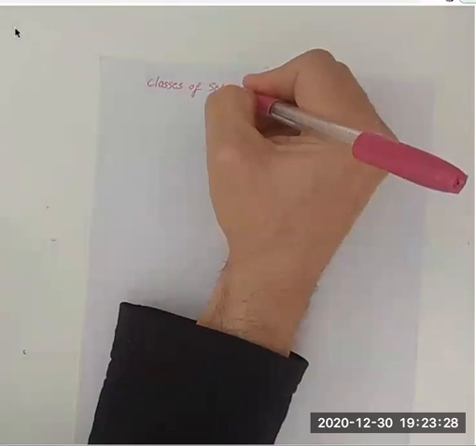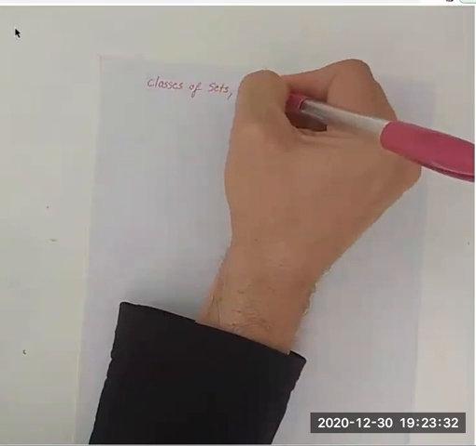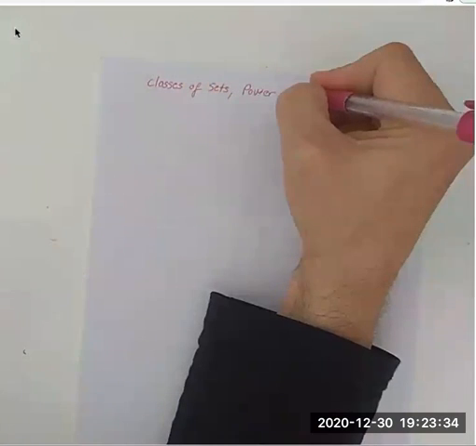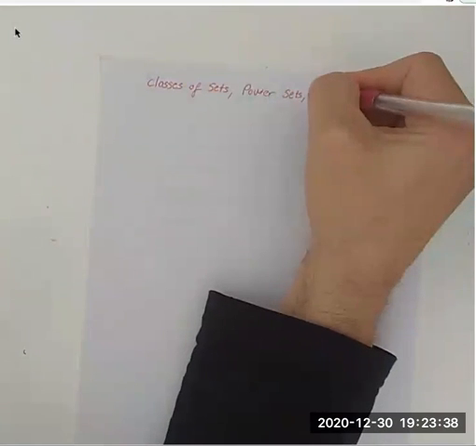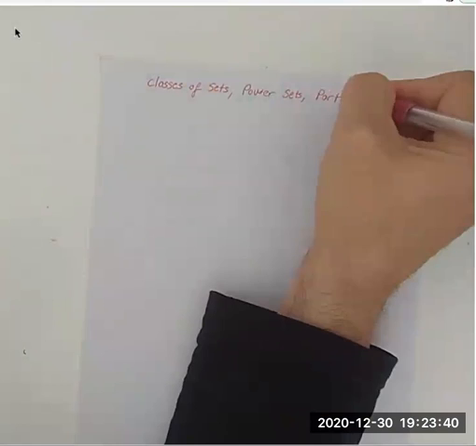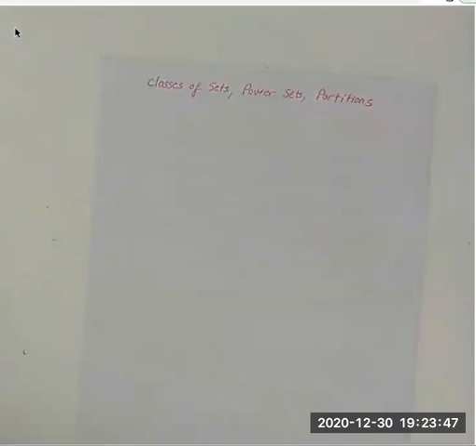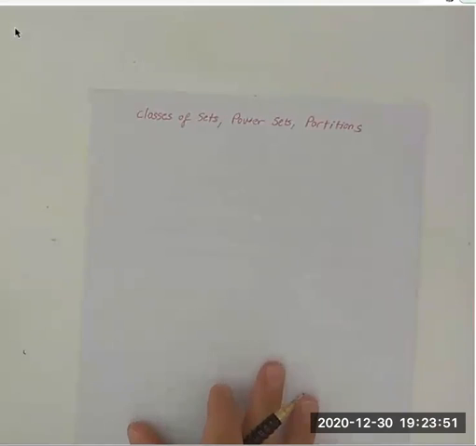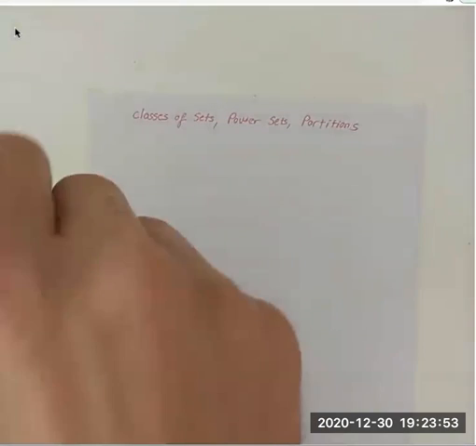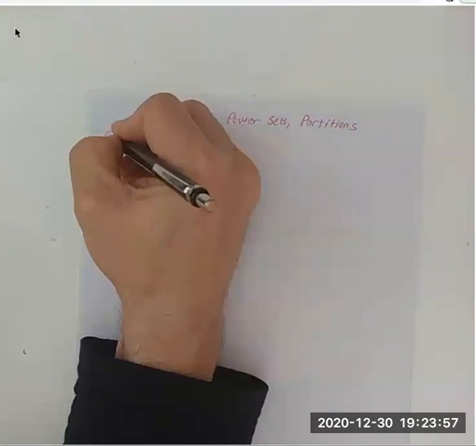Okay, let's say there is a set S, like the given set S. We might wish to talk about some of its subsets. We will talk about the subsets.